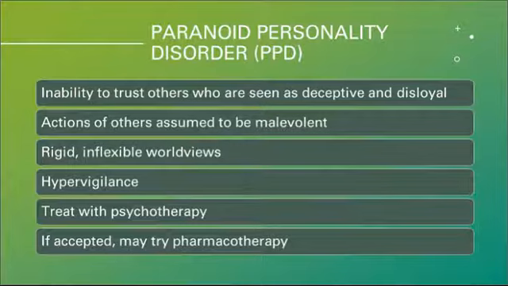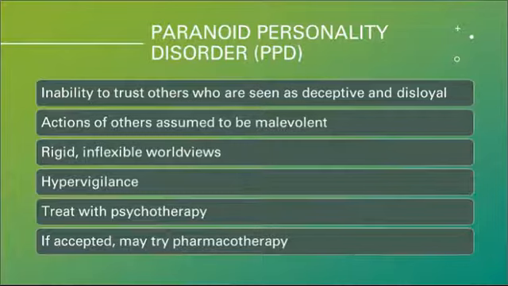Actions of others assumed to be malevolent, rigid, inflexible worldview, hypervigilant, pathologic jealousy can damage relationships, tend to be prejudicial, judgmental, reject logic or proof that contradicts their beliefs, certain that other actions are prompted by hidden motives. Can lead to patients' self-isolation, family context conflicts, occupational impairment.